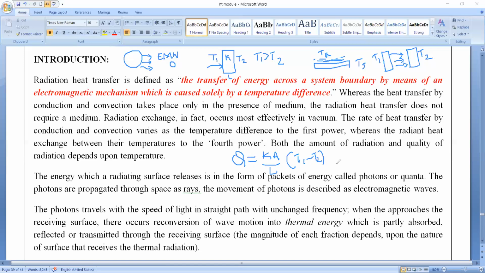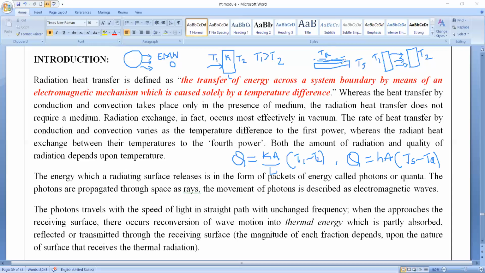Similarly, the convection mode of heat transfer is governed by Newton's law of cooling. Q, the rate of heat transfer by convection, is given by Q = hA (Ts − Ta), where h is the heat transfer coefficient. Here we have considered a flat plate whose surface temperature is Ts, surrounded by water whose temperature is Ta.